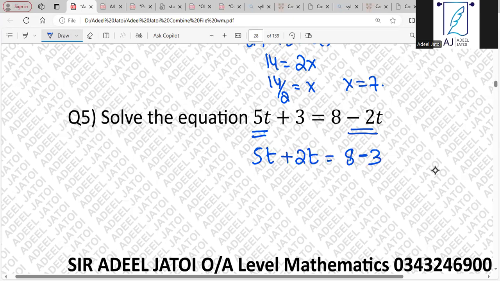So obviously variables on one side and numbers on the other side. So 5t plus 2t is 7t, equal to 5. So 7 is being multiplied, it will go on the other side. So t is equal to 5 upon 7. This will be your answer for question number 5.